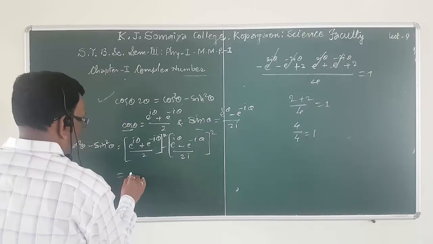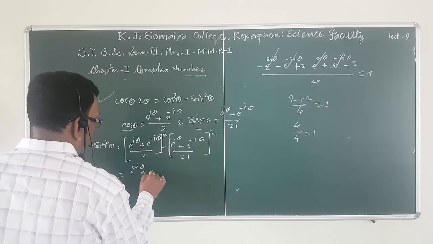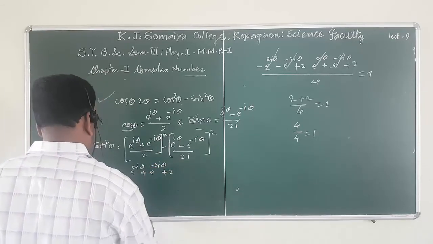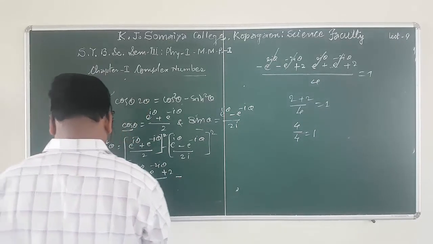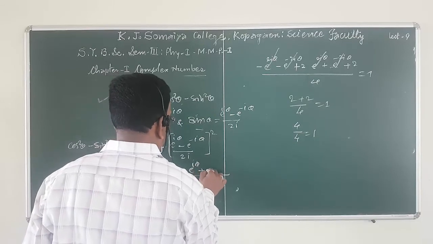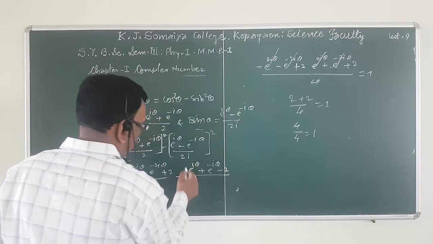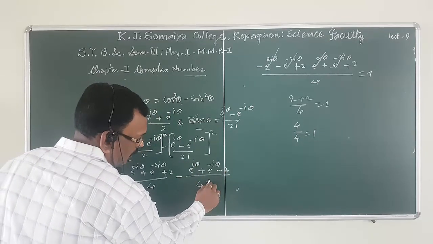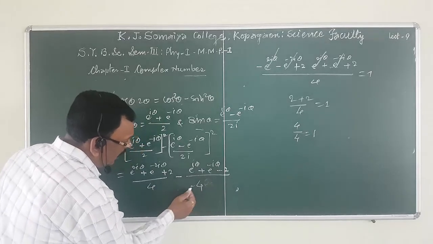We have e raised to 2I theta plus e raised to minus 2I theta plus 2 upon 4, minus e raised to I theta minus e raised to minus I theta, squared, upon 4 I square, and I square is minus 1, and hence instead of this I square we can simply write here minus 4.